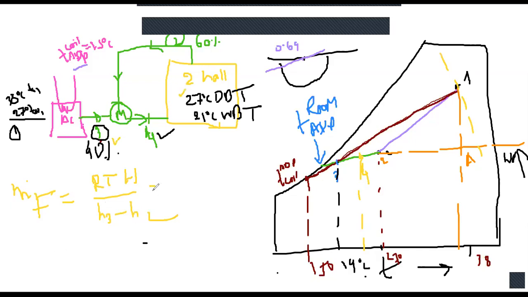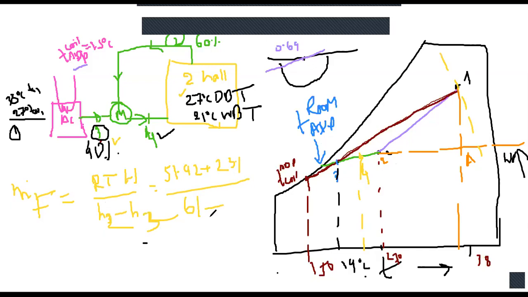Okay, room total load we have already calculated: 51.92 plus 23.1. This we get from the psychrometric chart. Sorry, H2 minus H3.